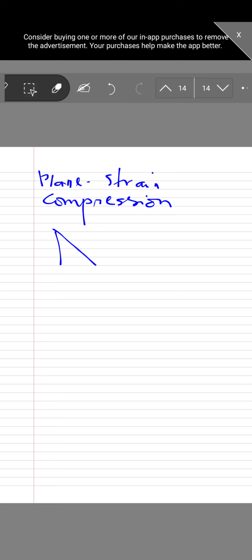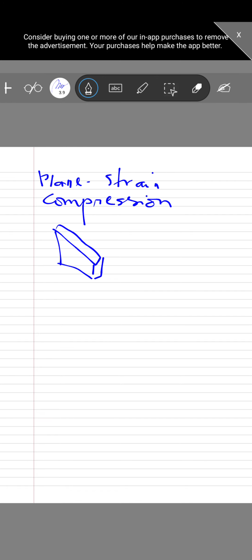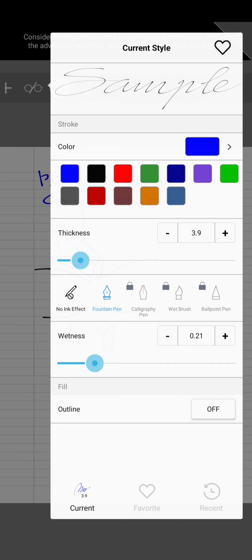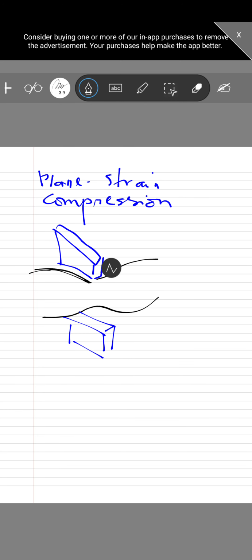So you have a specimen like this, and then like this.